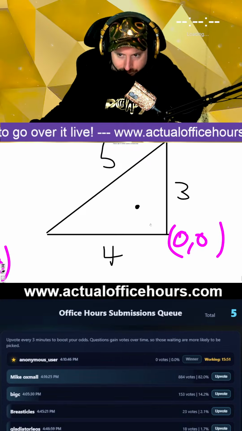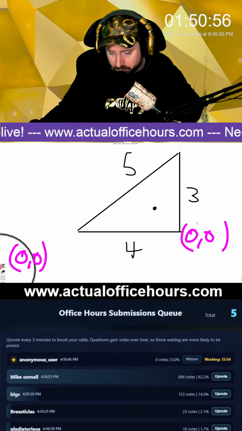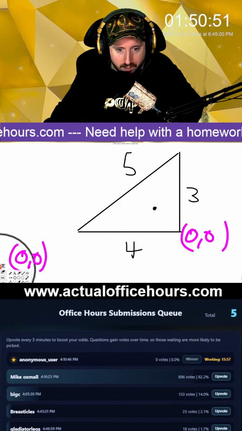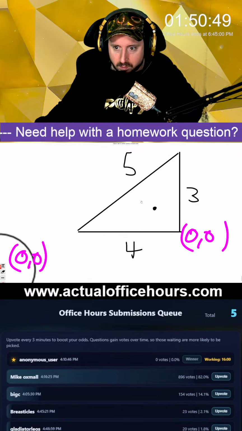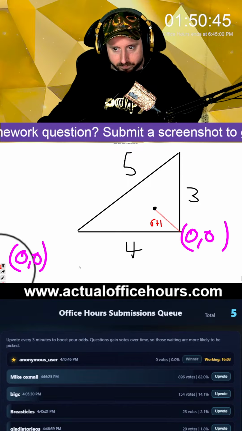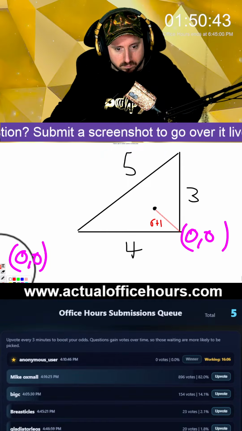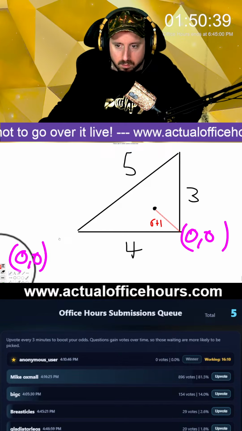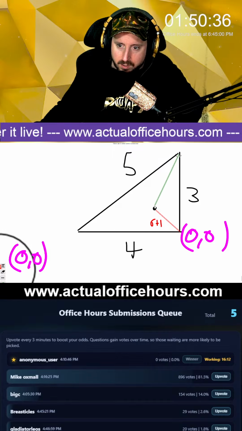This is what we're looking for. And that's r plus 1. I think I see where this is going. So this right here is r plus 1. And this right here is r plus 2.